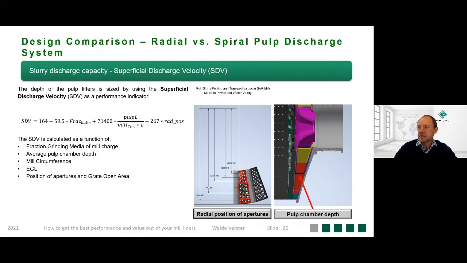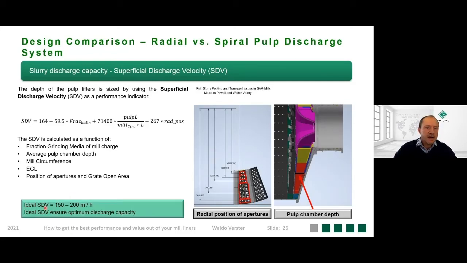So it's not just the average position, but the weighted average position. We then aim to achieve an SDV value of between 150 to 200 meters per hour, and we solve for the pulp lifter length. This will ensure optimum discharge capacity.